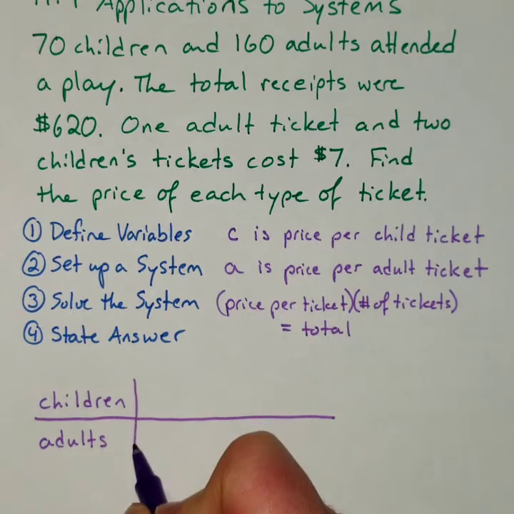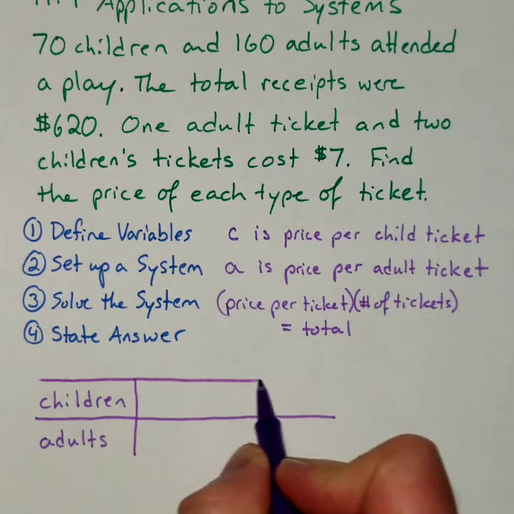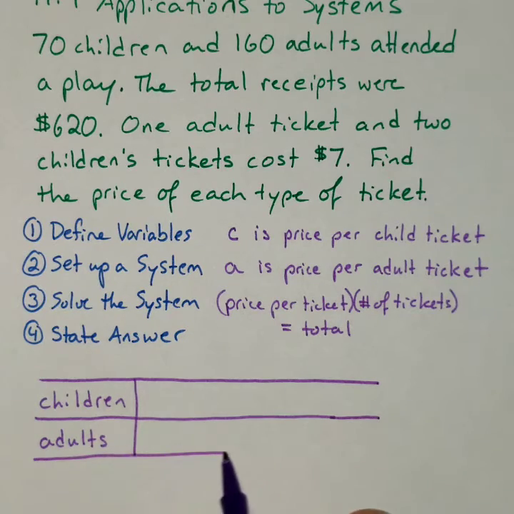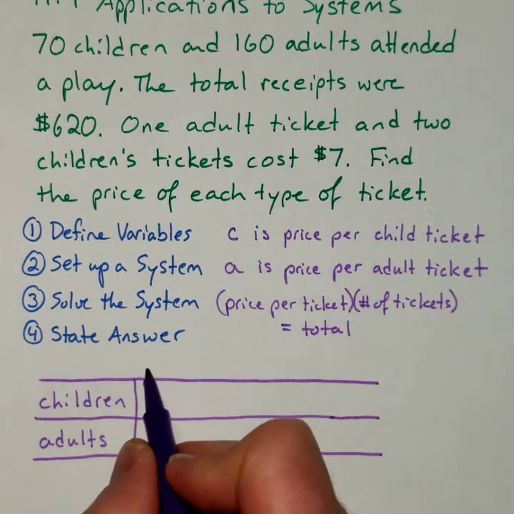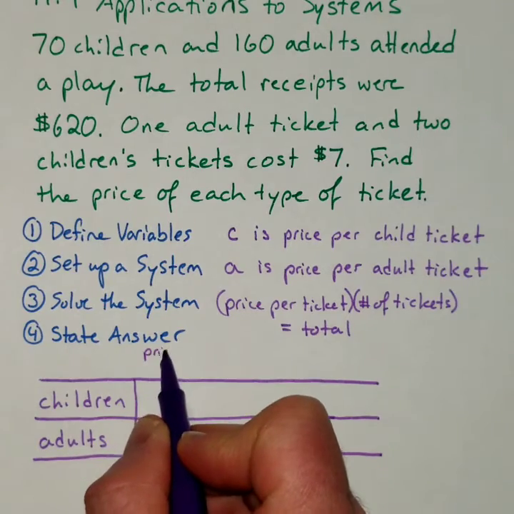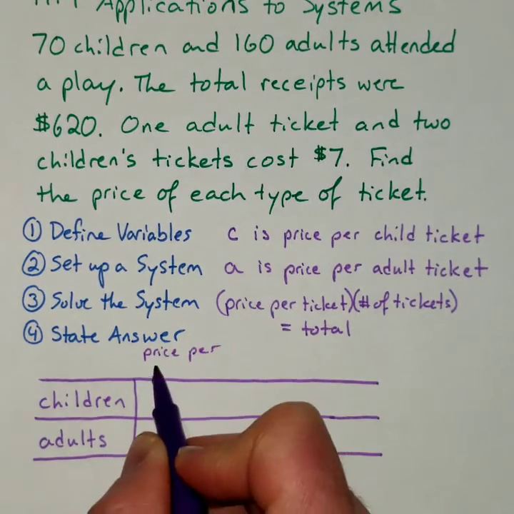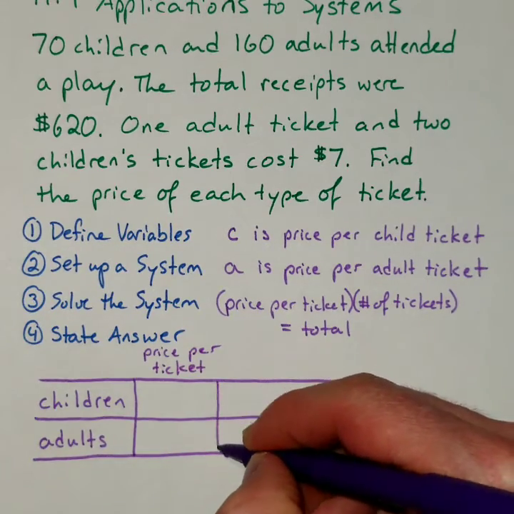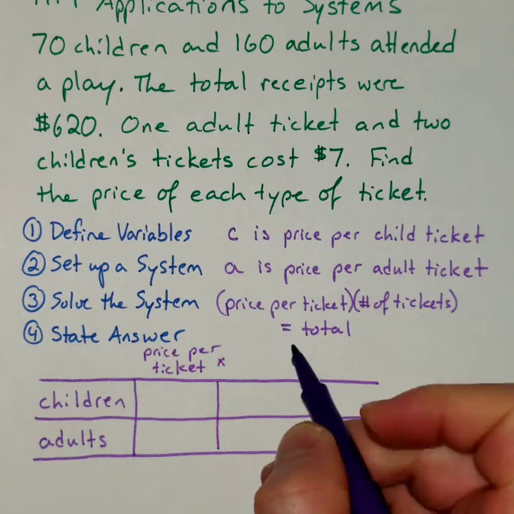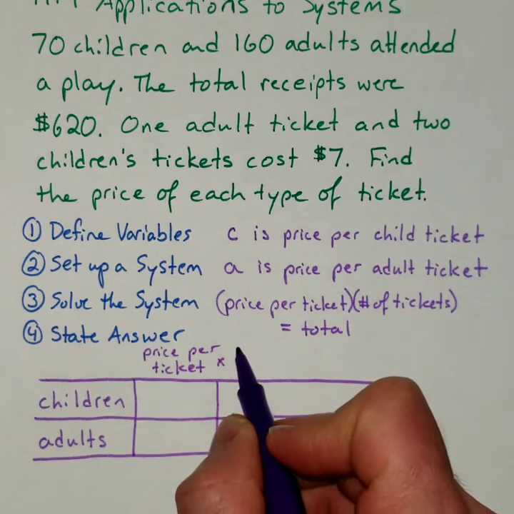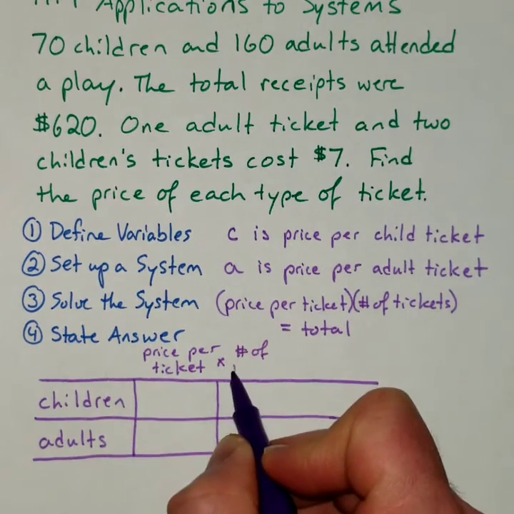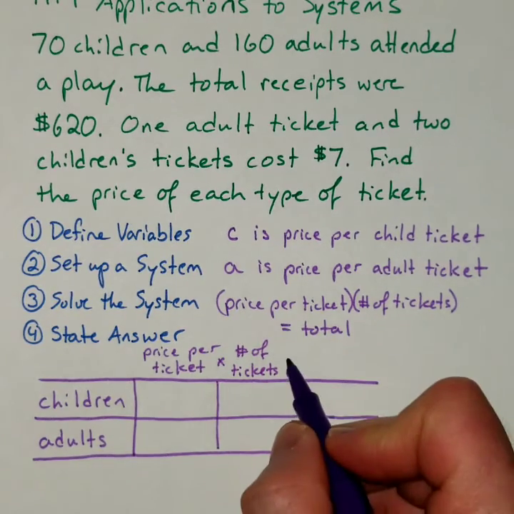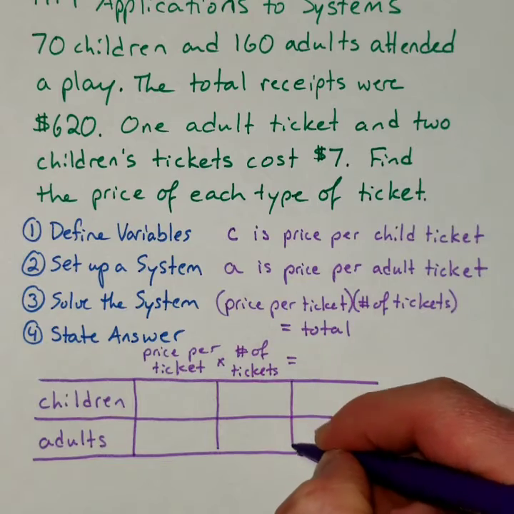And along the top, I'm going to have these three quantities: the price per ticket, that's going to be multiplied by the number of tickets, and that's going to be equal to the total.